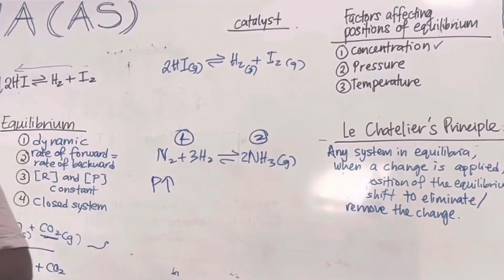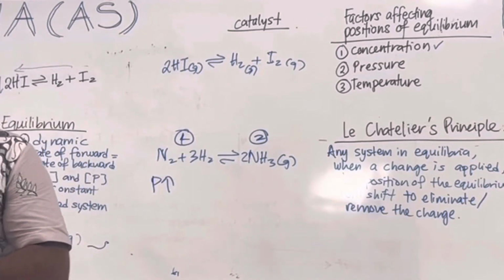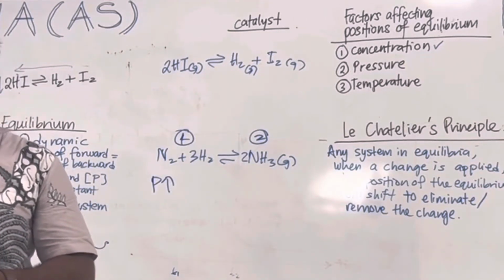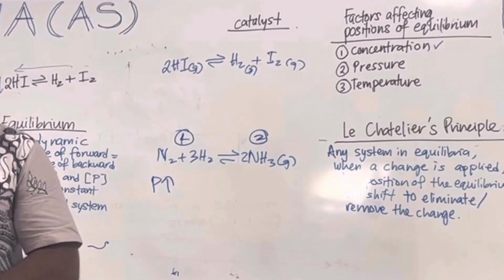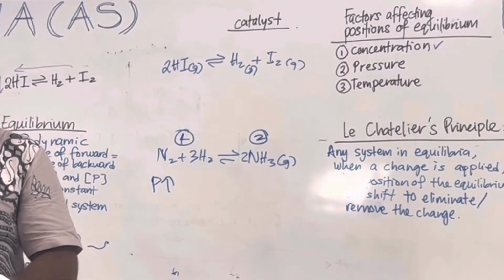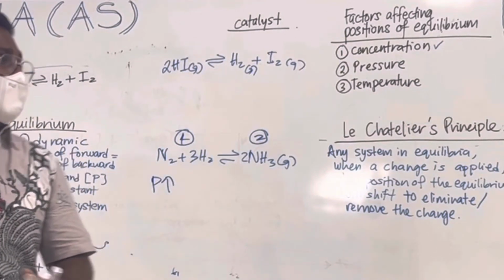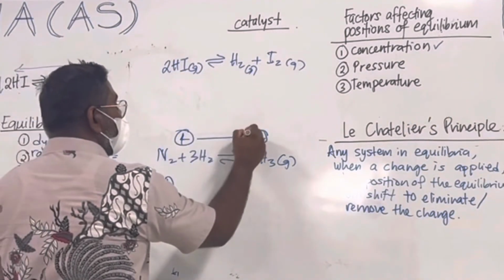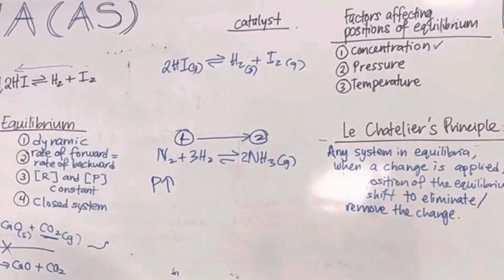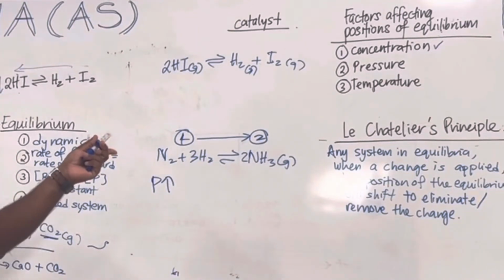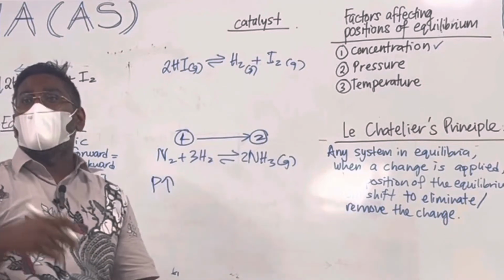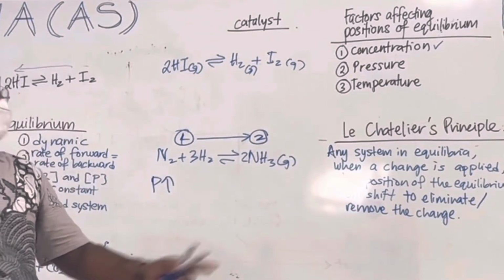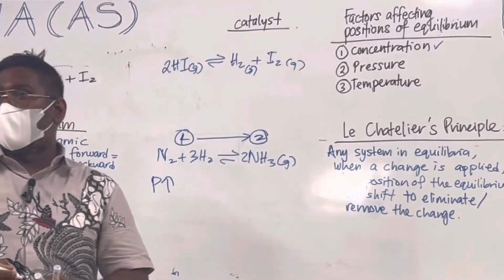Less molecules, right? Because less molecules means less pressure. So you need to move from 4 to 2. So the position of the equilibrium will shift towards less number of molecules. In this case, you are going to form more ammonia.